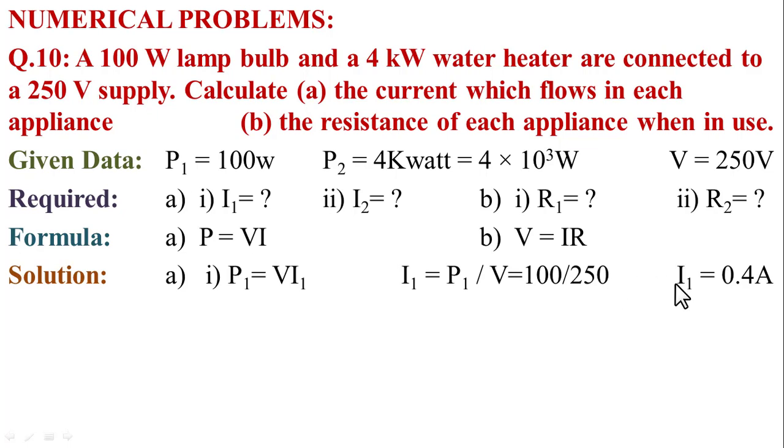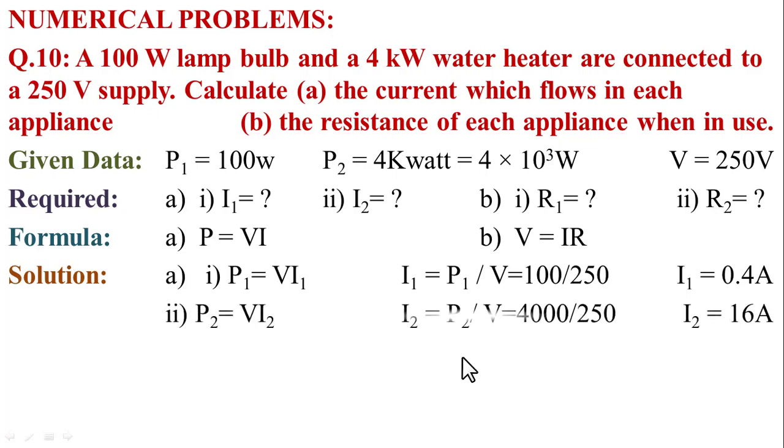So this implies that I1 is equal to 0.4 ampere. Similarly, P2 is equal to V I2. This implies that I2 is equal to P2 over V, that is equal to 4000 divided by 250. This implies that I2 is equal to 16 ampere.